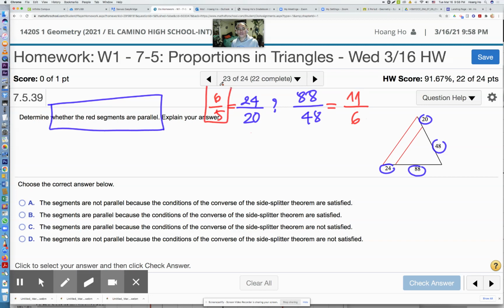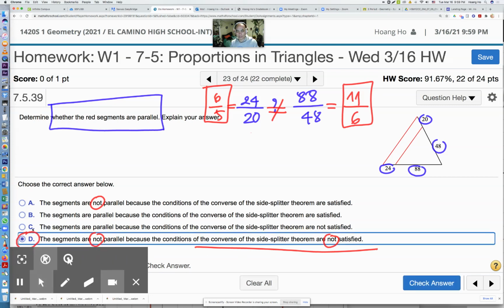You can see these two ratios are not the same. So the answer is no, they are not parallel. But which one is correct? The segments are not parallel because the conditions of the converse of the side splitter theorem are not satisfied. So I choose D, and then I'm done.